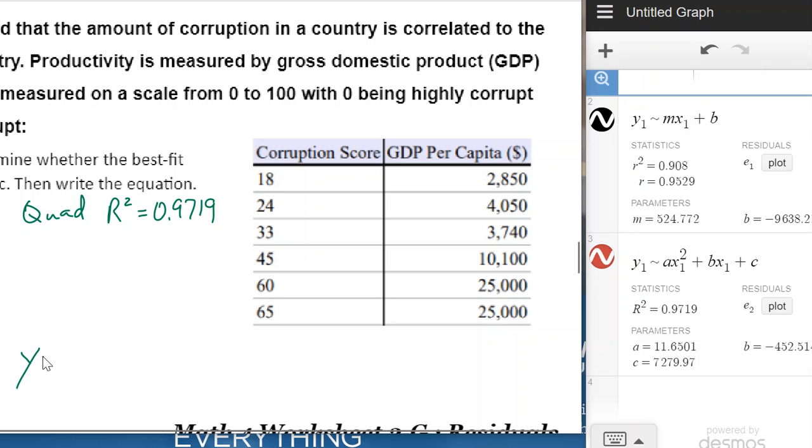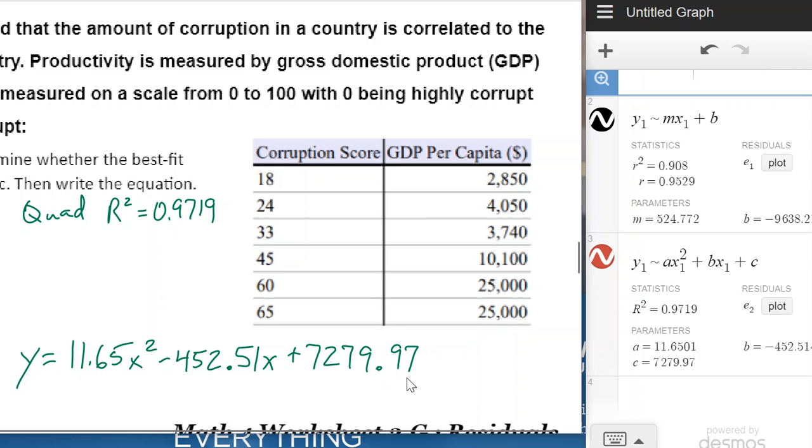Our equation is going to look like 11.65x squared minus 452.514, I'll just call it 51x, plus 7279.97.